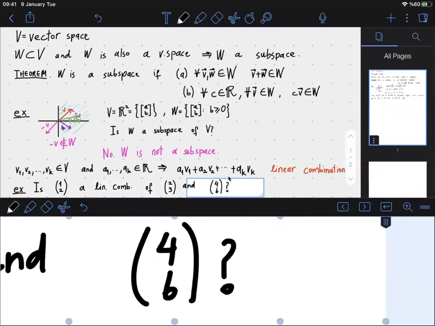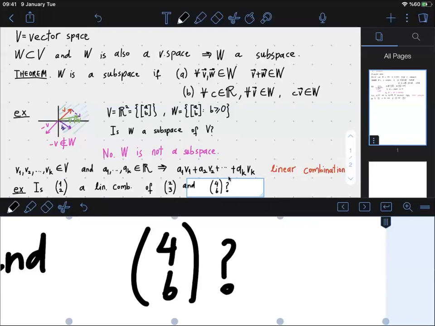What do you think the answer will be? Here we're talking about vectors in the plane, right? So the question is whether 1, 2 can be written as a linear combination of 2, 3 and 4, 6.